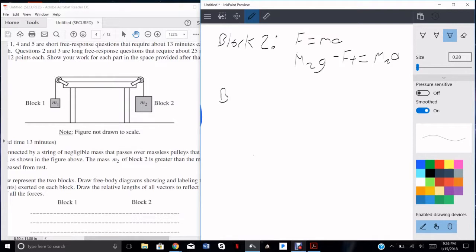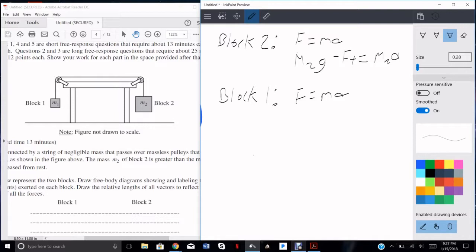For block 1, we can still use the equation force equals mass times acceleration. We know that the tension experienced on block 1 is greater than the force due to gravity. This is because the block is moving in the upward direction.